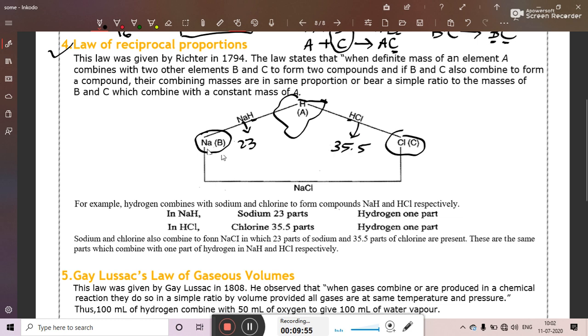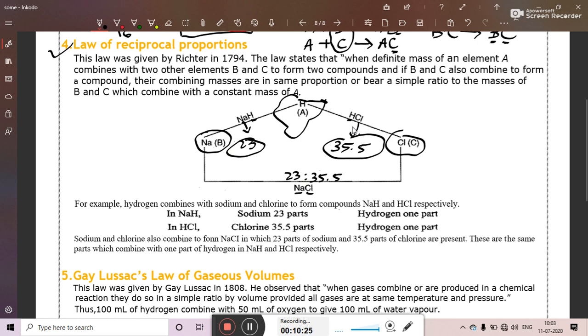So now when B and C, that is sodium and chlorine, combine with each other to form a new compound BC, that is NaCl, here we will see that the mass of sodium is 23 and the mass of chlorine is 35.5. That means the ratio of the elements B and C in the compound BC is the same as the ratio of B and C in compounds AB and AC.